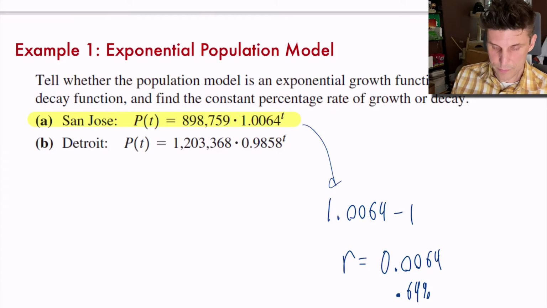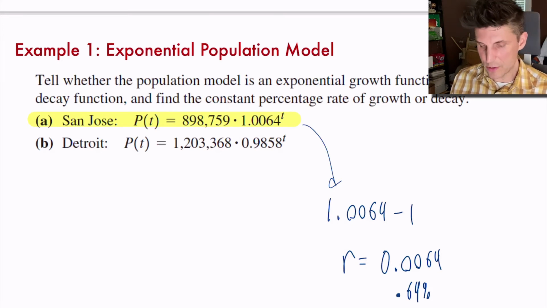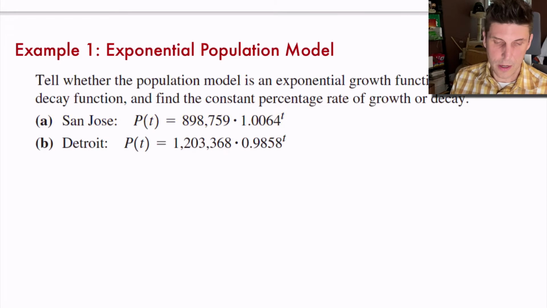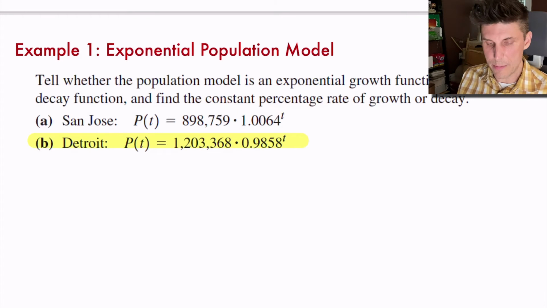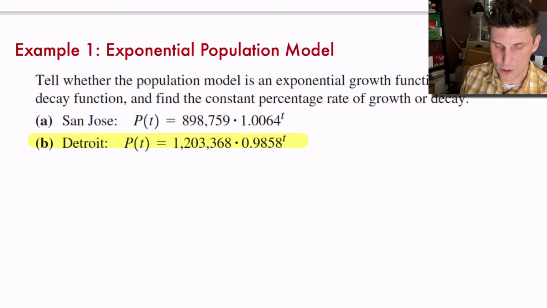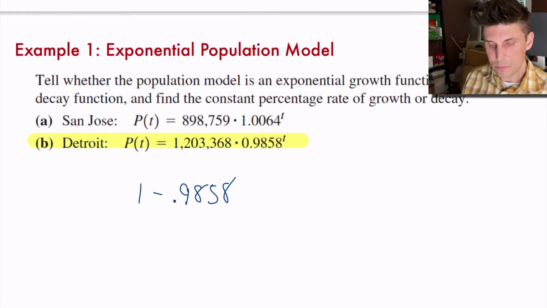So that's that first one. Just going to erase this, you don't really need it there. And then the next one, Detroit, we have that initial population times 0.985. So the base of our exponential function is a number that's less than 1, between 0 and 1. So we're dealing with 1, and then we're going to subtract.